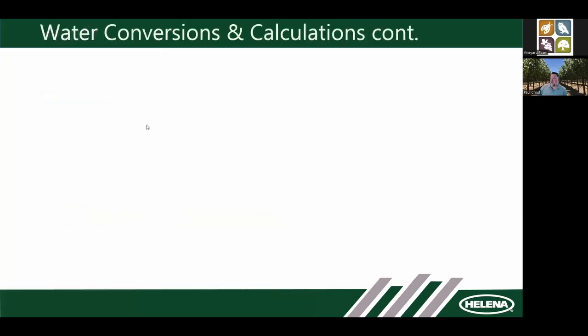Now, how do we do some conversions there? First off, where are you getting your rainfall number? That will give you various numbers, and we want to make sure that we're converting to the proper values.